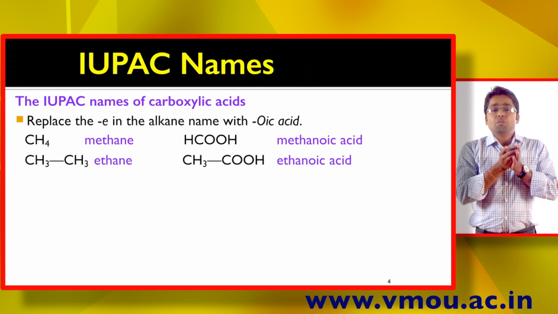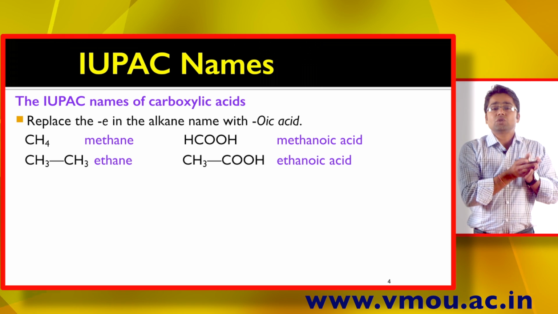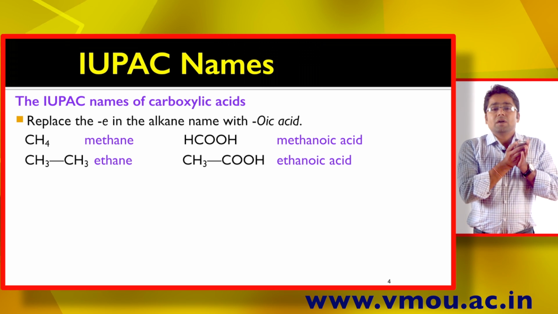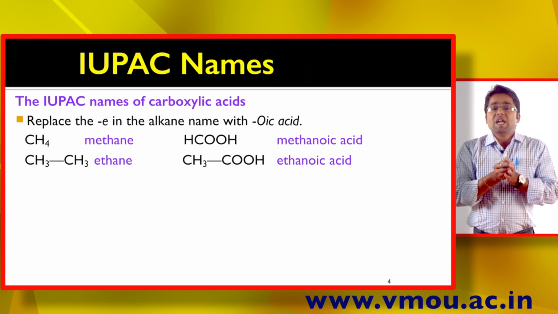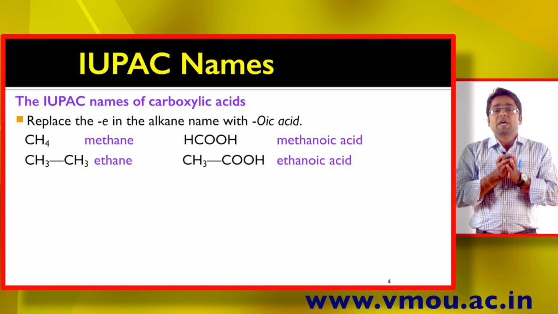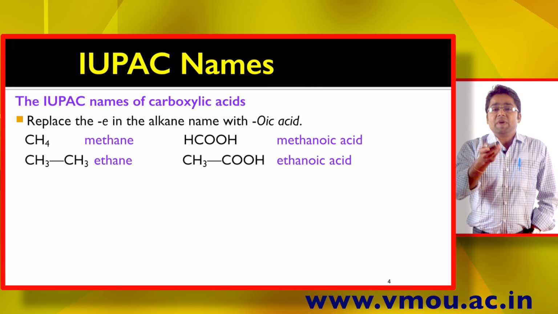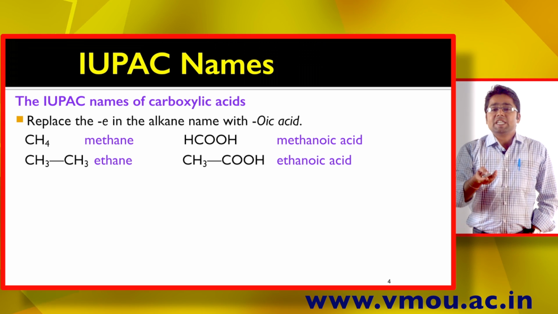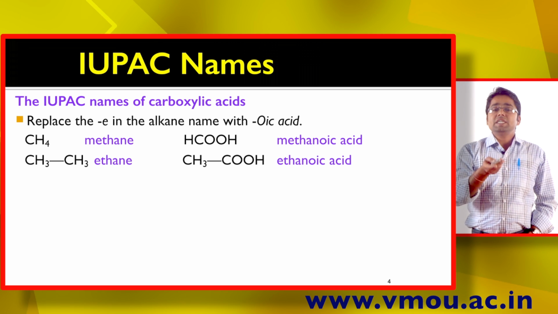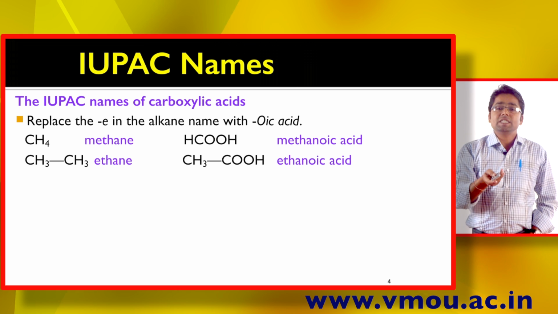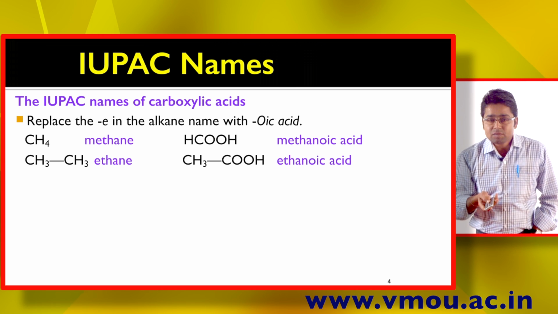So if we have to name any carboxylic acid, in the parent alkane we add oic acid. Here is an example of methane, in which we use methane oic acid, that is methanoic acid. In another example, ethane, E is replaced by oic and it is ethanoic acid.